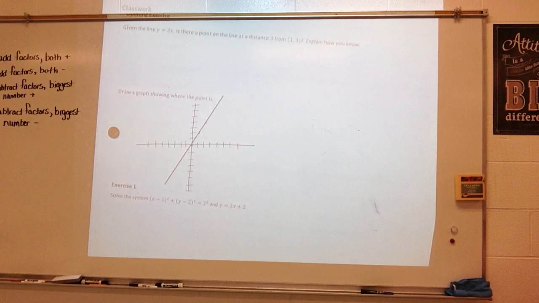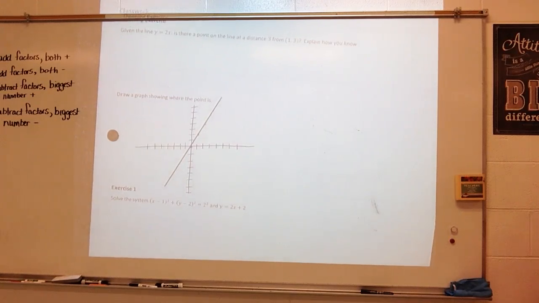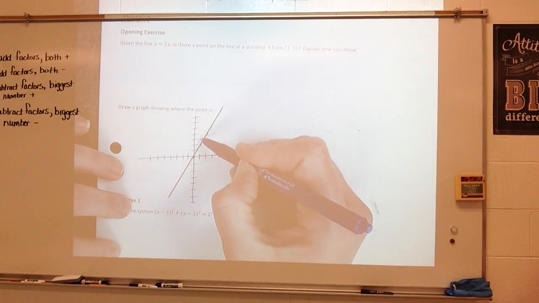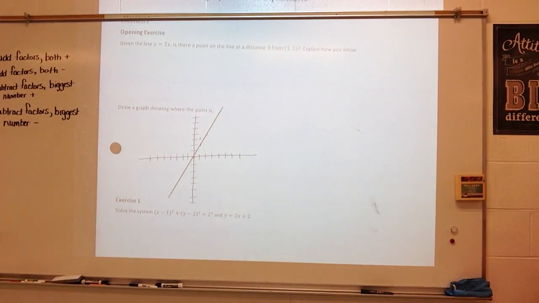So it wants to know, is there a point on the line at a distance 3 from (1, 3)? So (1, 3), here is that point. How do we figure this out?